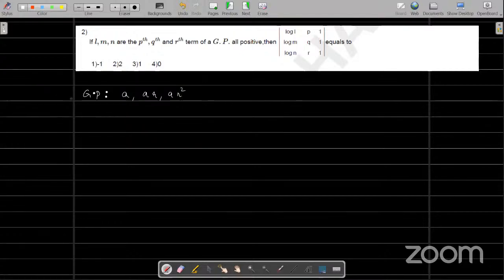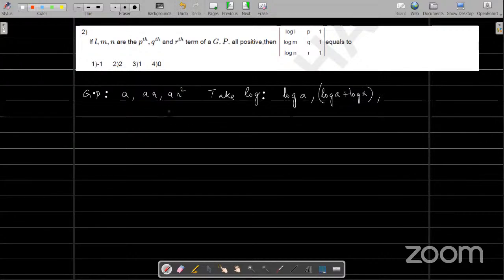Now, what you can do is take log of the sequence. Can you quickly tell me what will happen to the sequence of geometric progression? So this becomes log A, right? Then log of AR, which becomes log A plus log R. That's our second term.